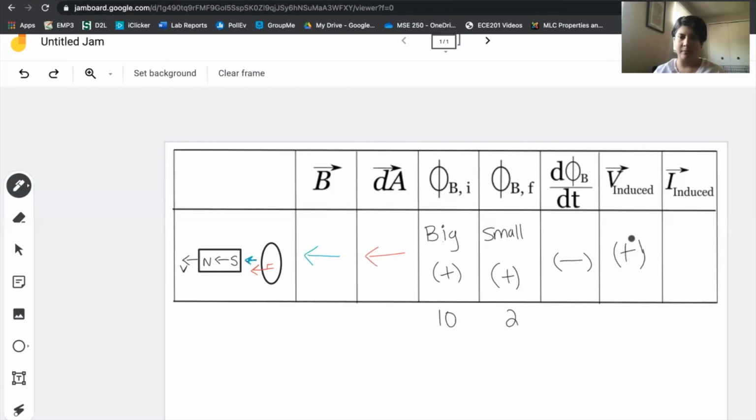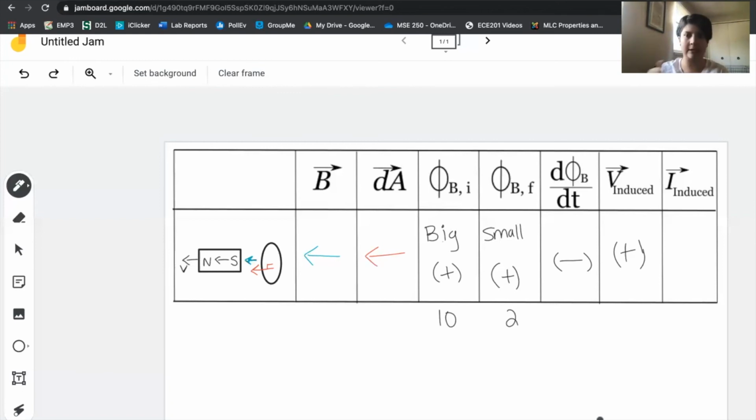This V induced value, this sign, is going to tell you which direction to point your hand when you do the right hand rule. If we go back to the dA, we initially chose our dA to be in the left direction, right? Perpendicular to the surface or to the cross-sectional area. And our V induced is positive, so that means that we stay.